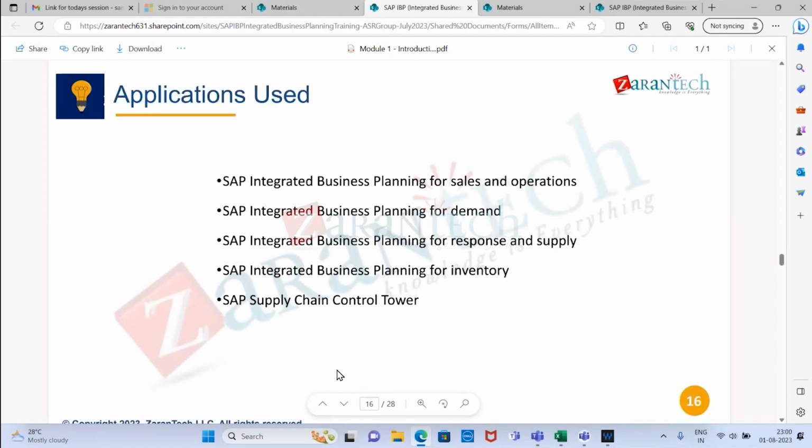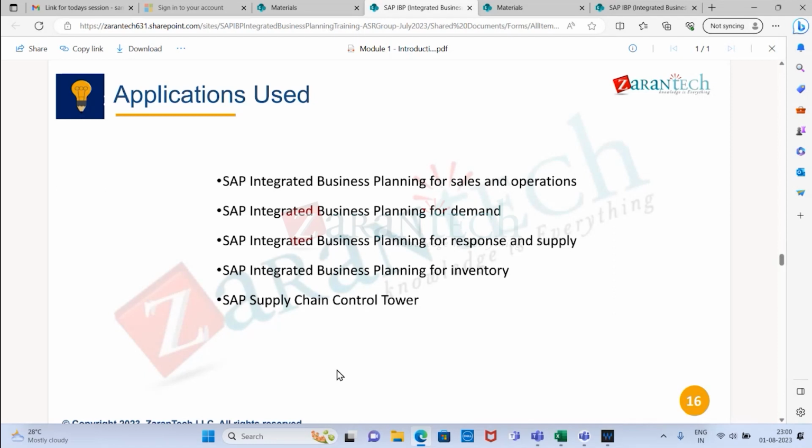We move on to the next slide. So the applications used in IBP, as we discussed, are integrated business planning for sales and operations, integrated business planning for demand, for supply, for response, for inventory, and supply chain control tower.